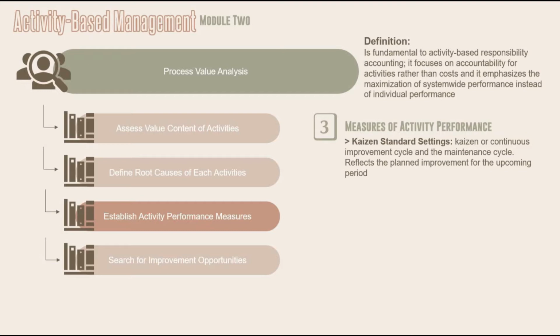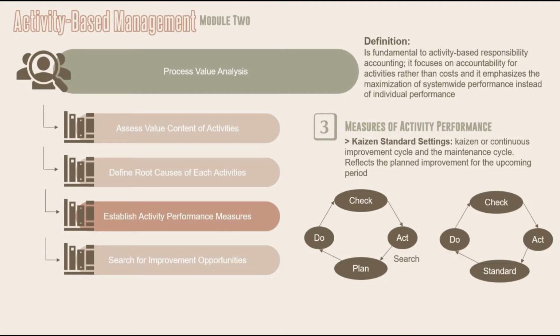Kaizen, or continuous improvement cycle, and the maintenance cycle reflects the planned improvement for the upcoming period. It is where plan, do, check, and act correspond to the Kaizen subcycle, and standard, do, check, and act correspond to the maintenance subcycle.